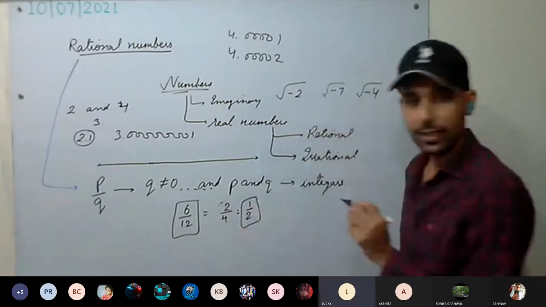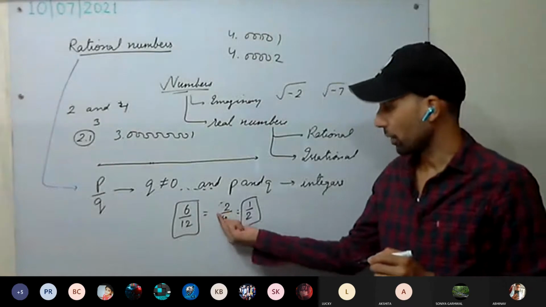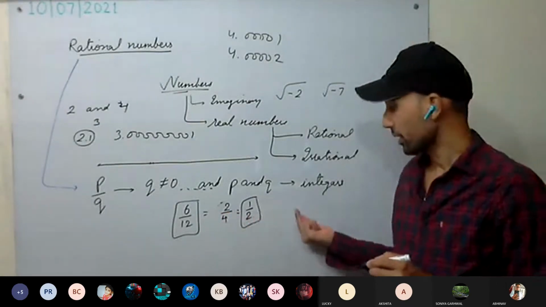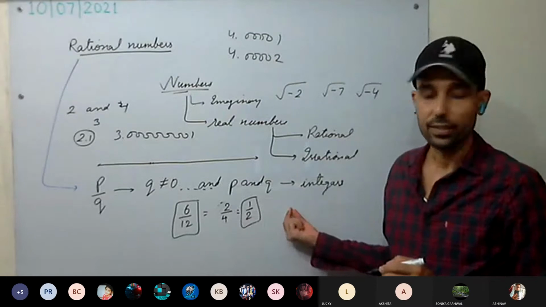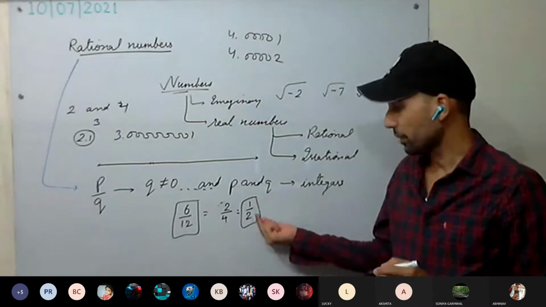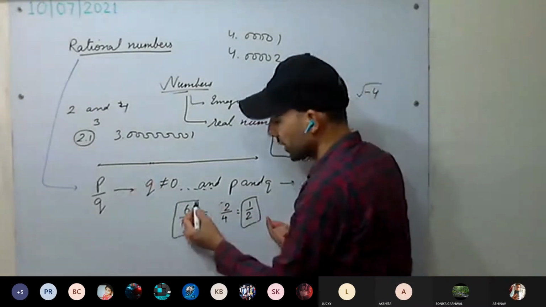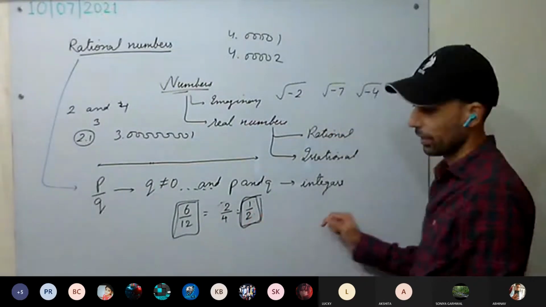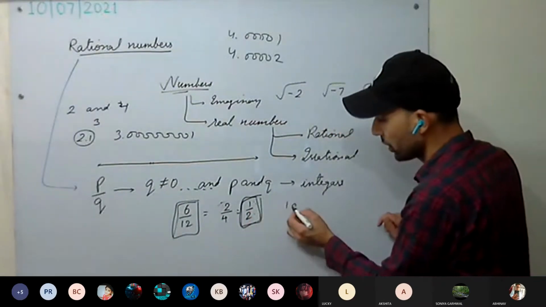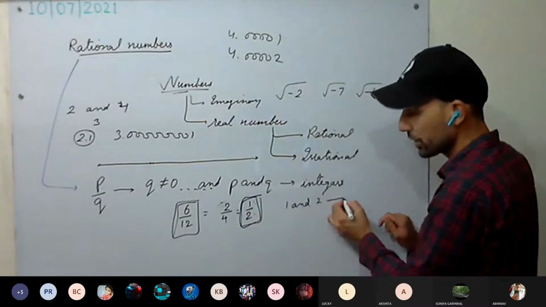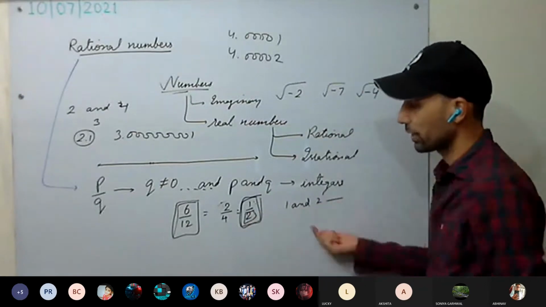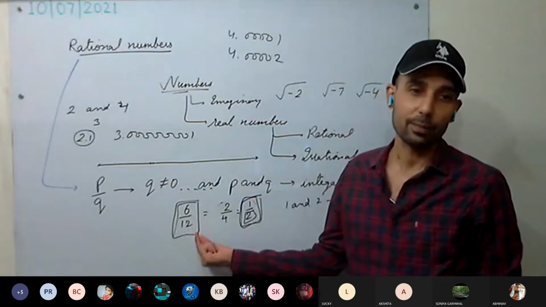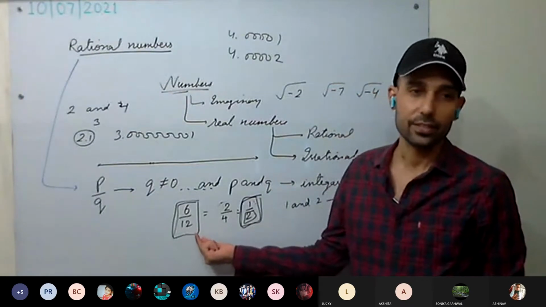After cancelling the common factors, you are getting 1 by 2, with no more common factors between them. So this rational number 6 by 12, I can express in the form of 1 by 2, where 1 and 2 both are integers and 2 is not equal to 0. Therefore, 6 by 12 is a rational number.